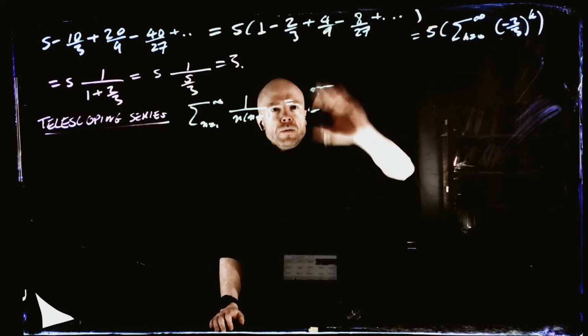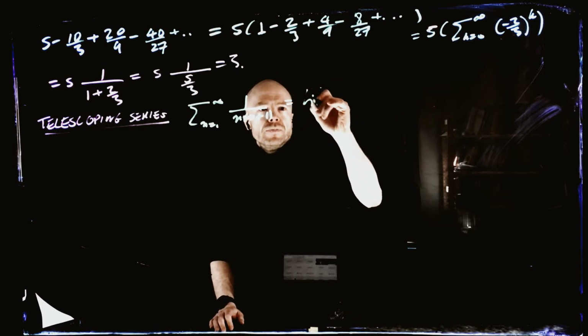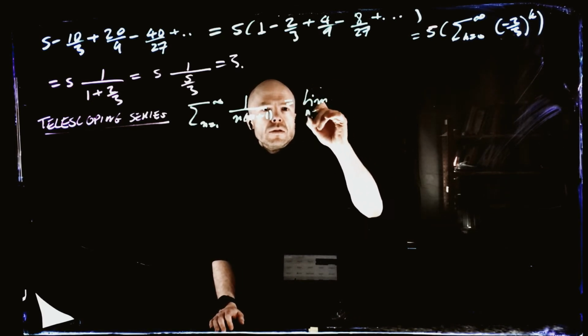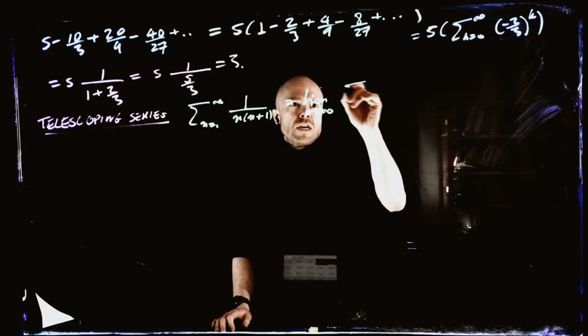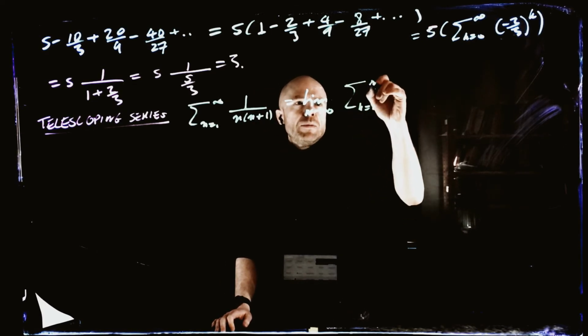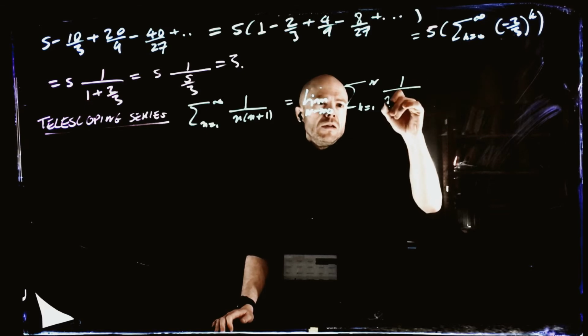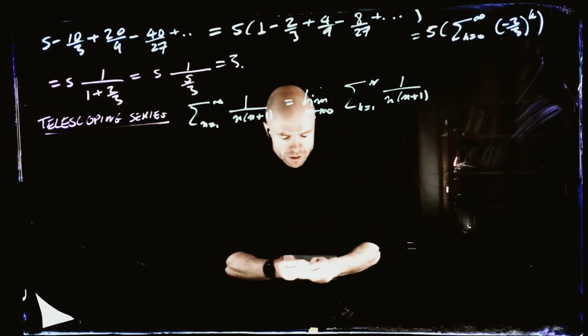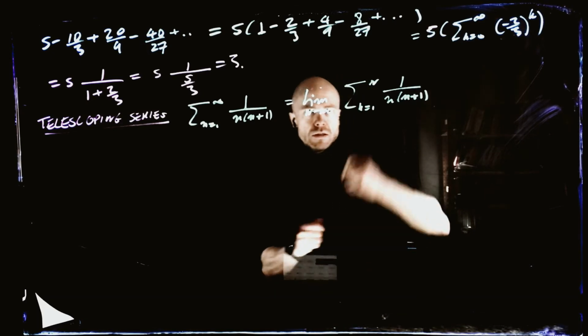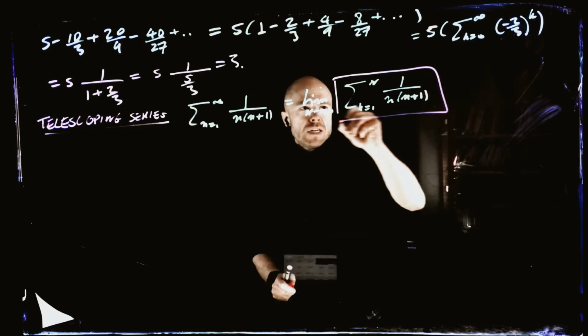So this thing is the sum. Well, the sum is the limit as capital N goes to infinity of the sum from n equals 1 to capital N of 1 over n times n plus 1, the partial sums, right? So we need to understand these partial sums here in order to do this, right? So this is the thing that we'd like to understand.